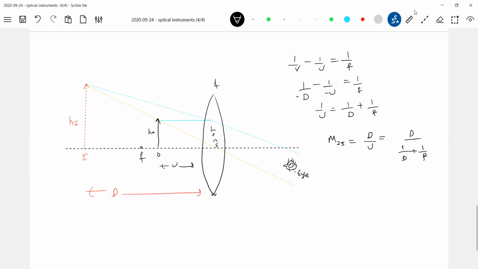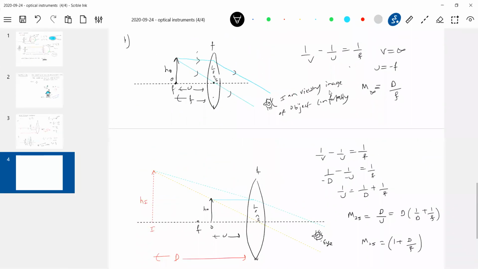So what will the magnification be? One by U. Tell me in which case the magnifying power is more. It was D by F. Now we'll get 1 plus D by F. But what is the problem?